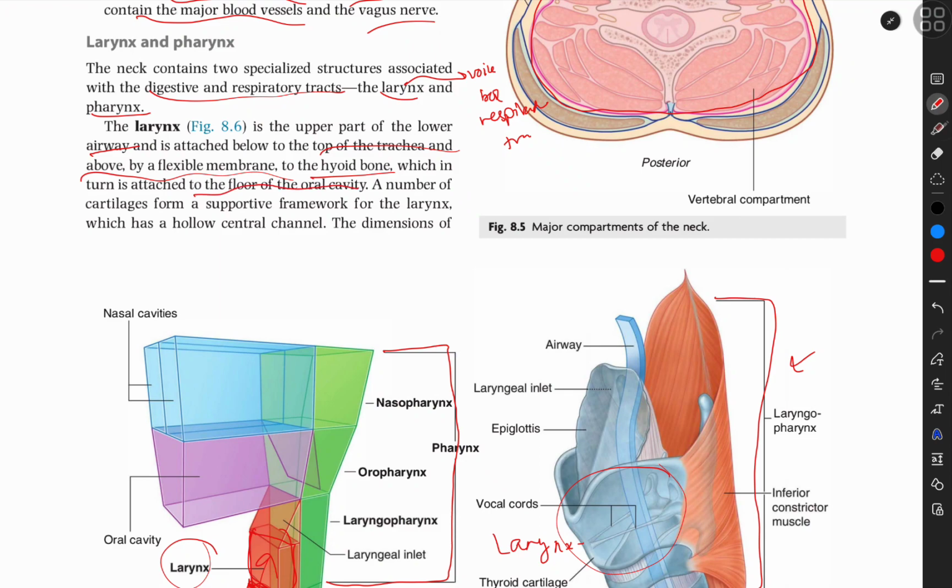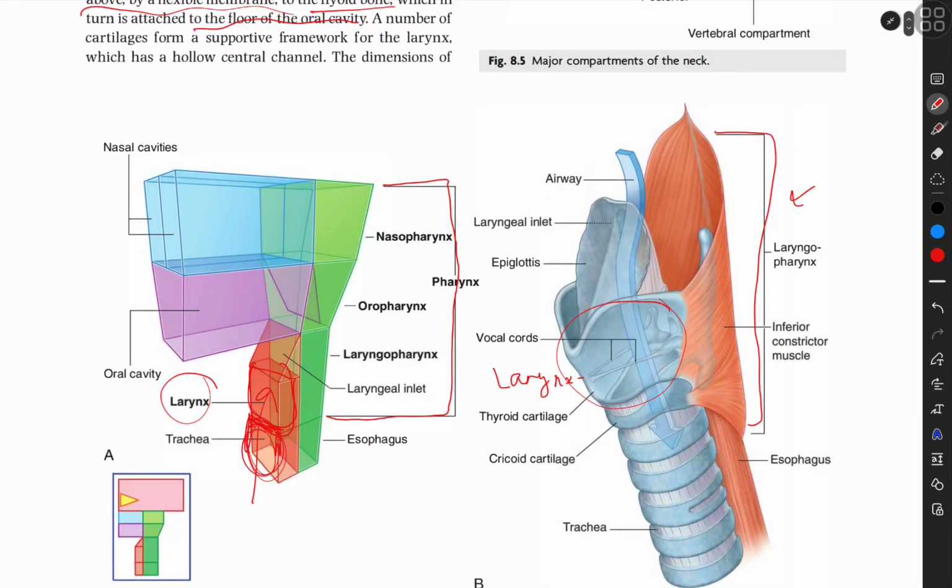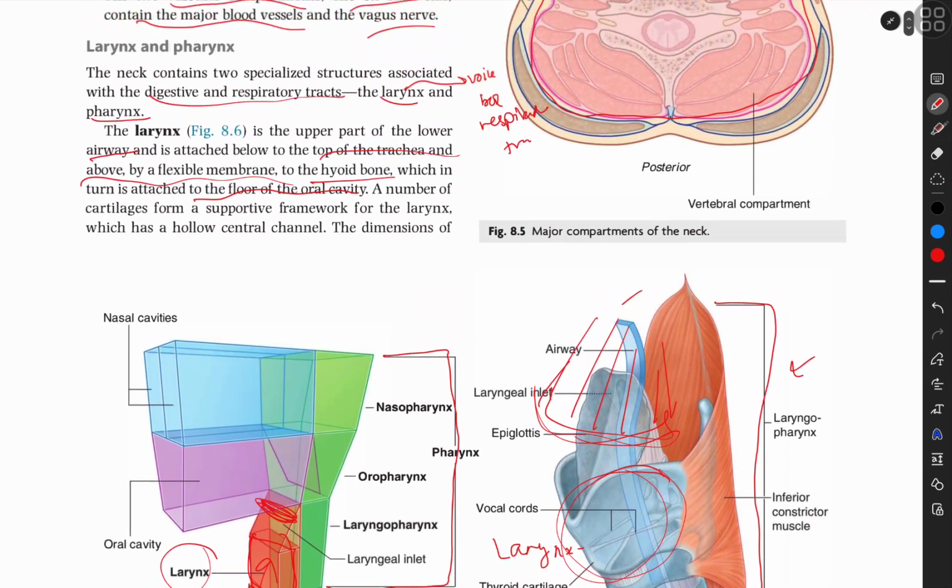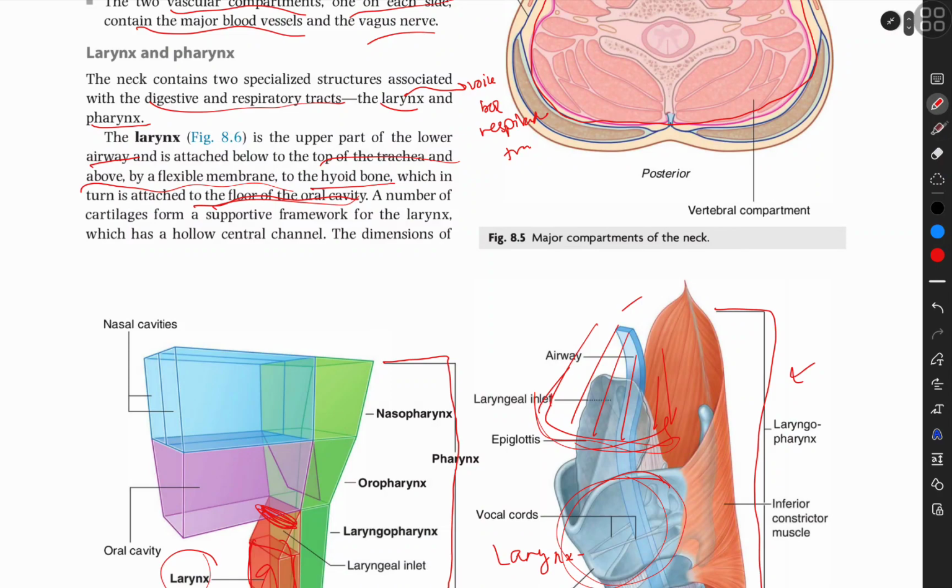So this is the larynx, here should be the hyoid bone, and the hyoid bone is attached to the floor of the oral cavity.